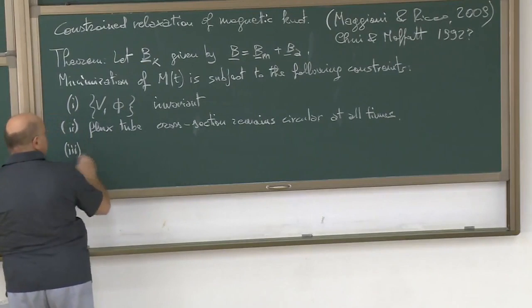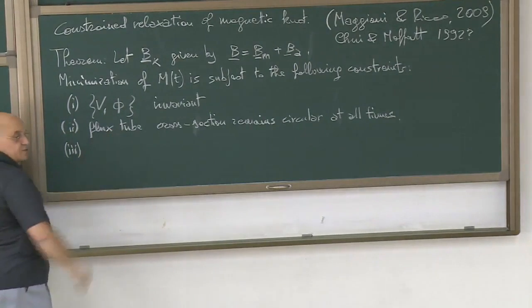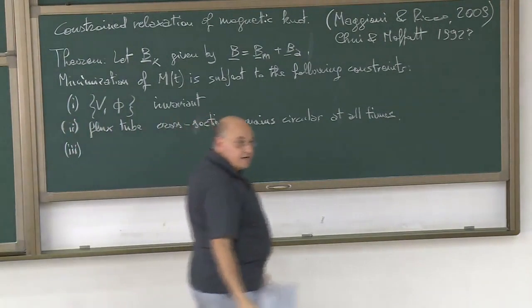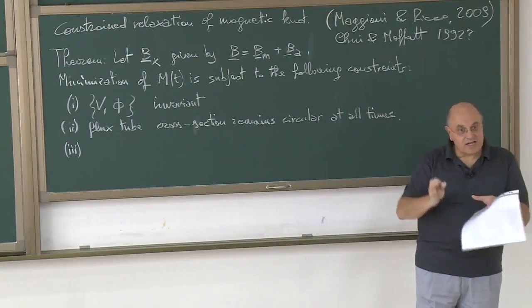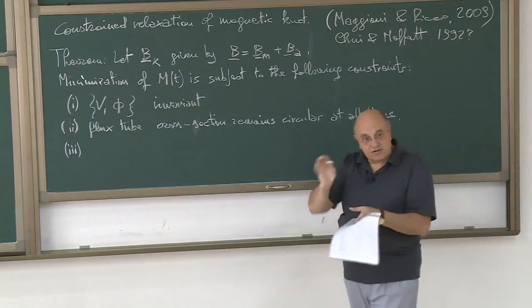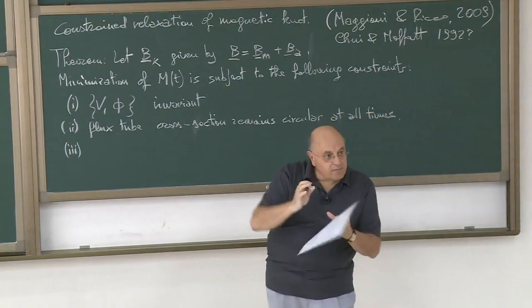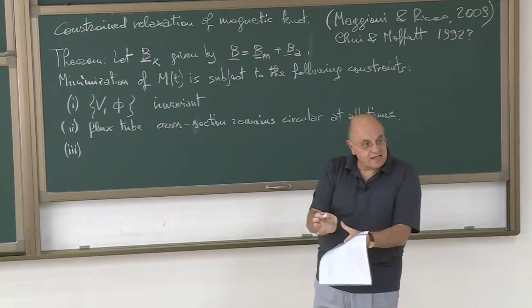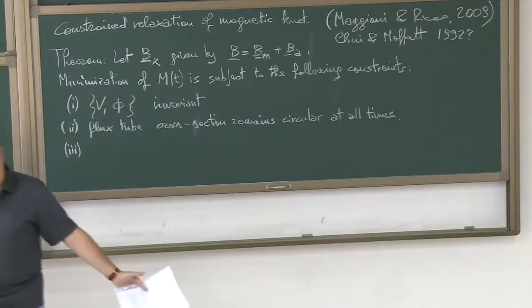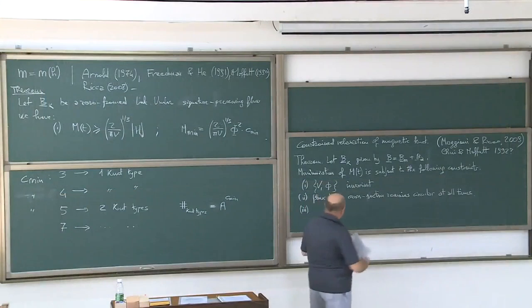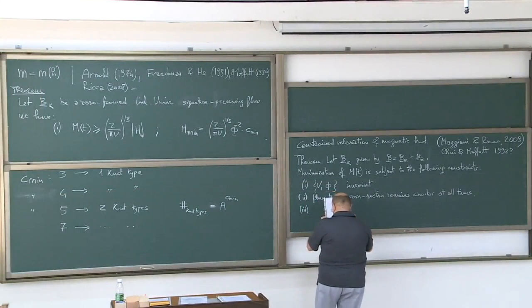This is a rather strong assumption because it's a fluid. And so it will relax and relax and relax so that its cross-section will deform and adapt to the tightening process. So not at all a good assumption, but in order to make some progress, this is the chance we have.